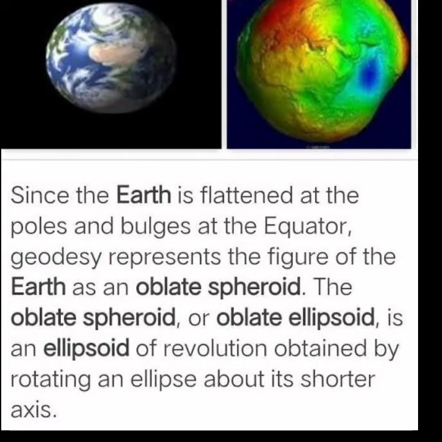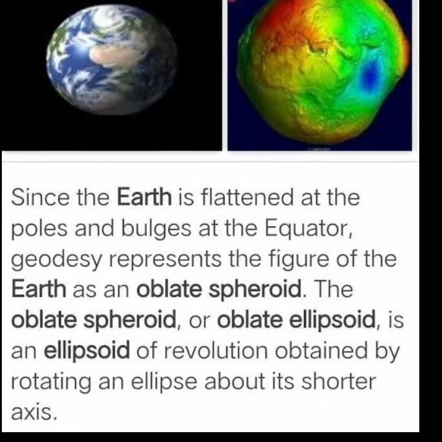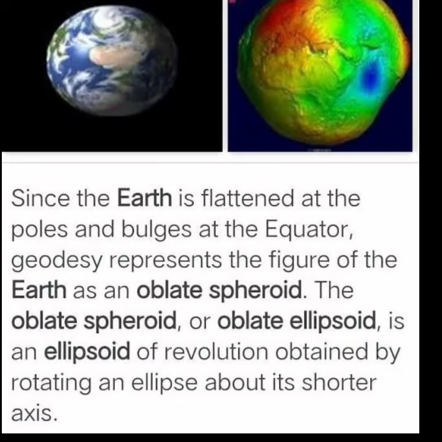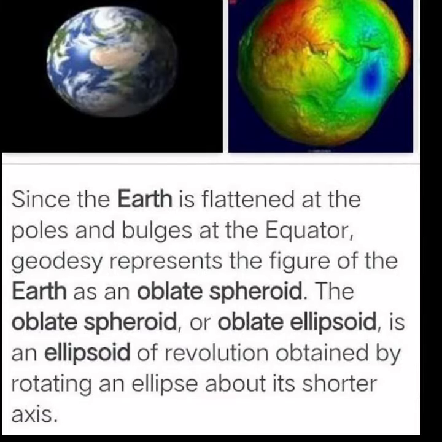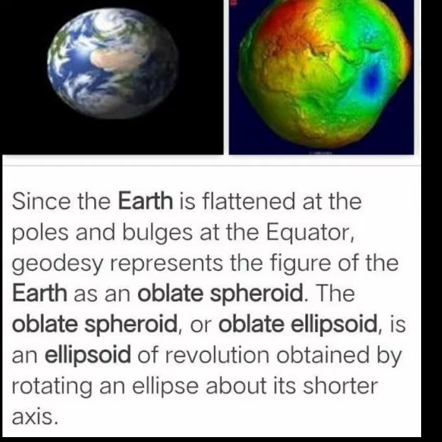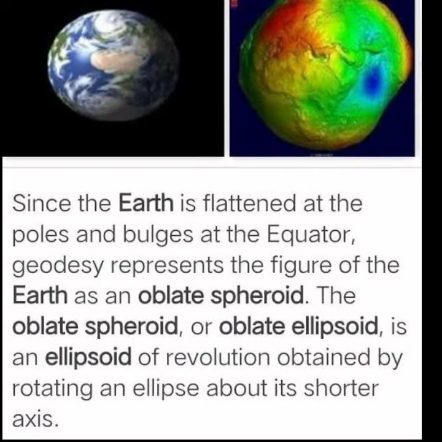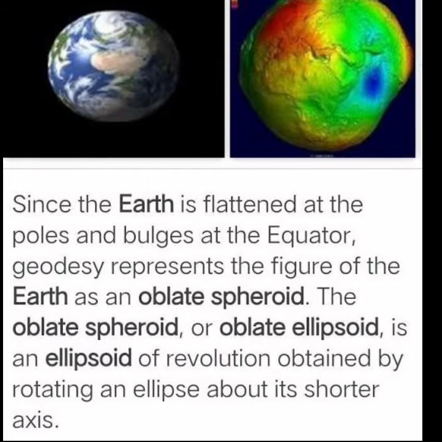Our Earth is neither round nor a perfect sphere. It is slightly flattened at the top and the bottom, known as the North Pole and the South Pole respectively.